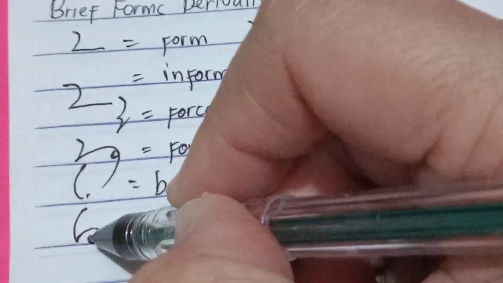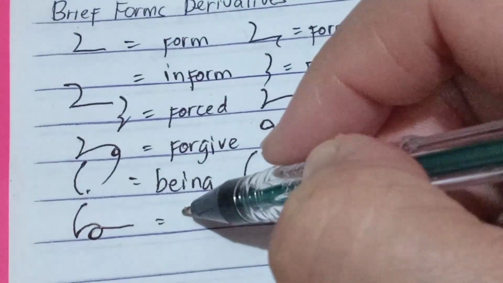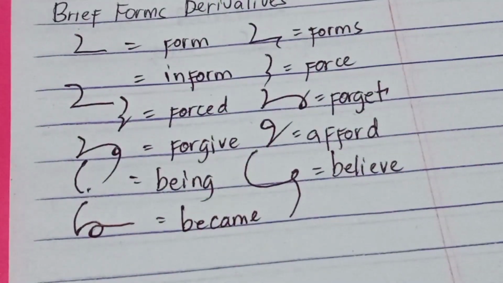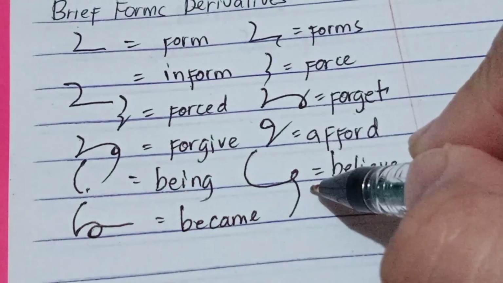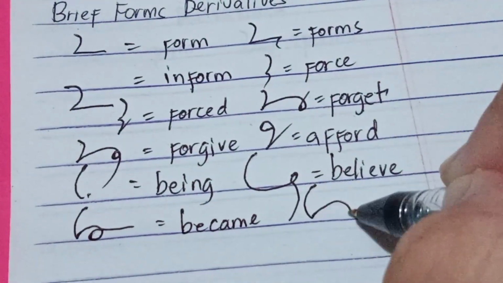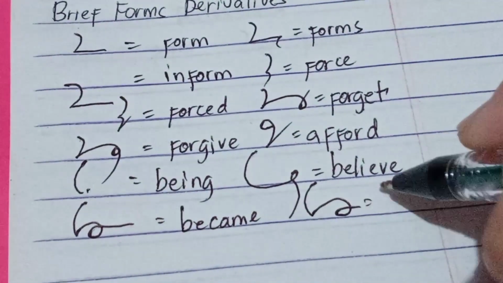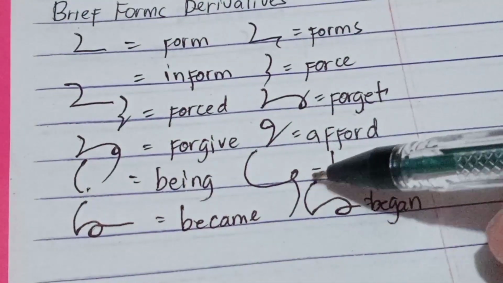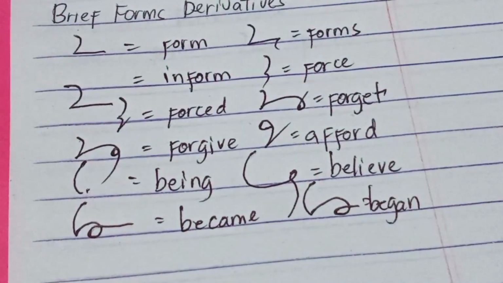Then, if I write B-K-E-A-M, so this is became. Okay? Then, if I write B-G-A-N, so this is began. Okay? So, this is the B, the G, A, and the N.